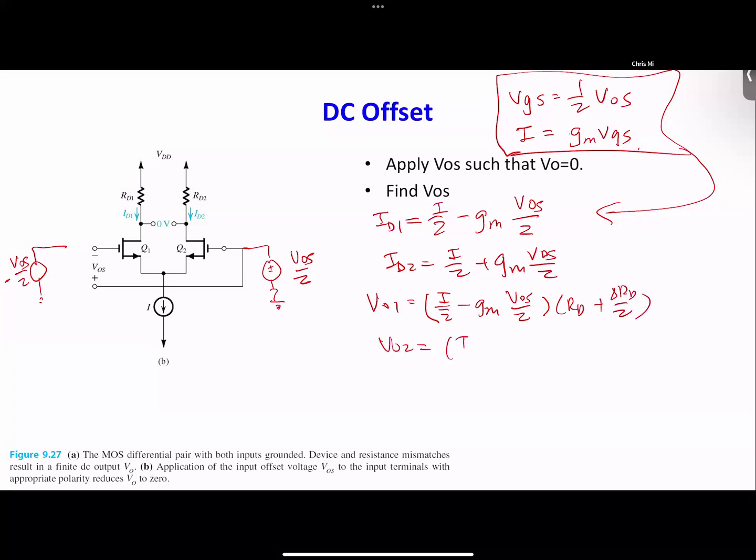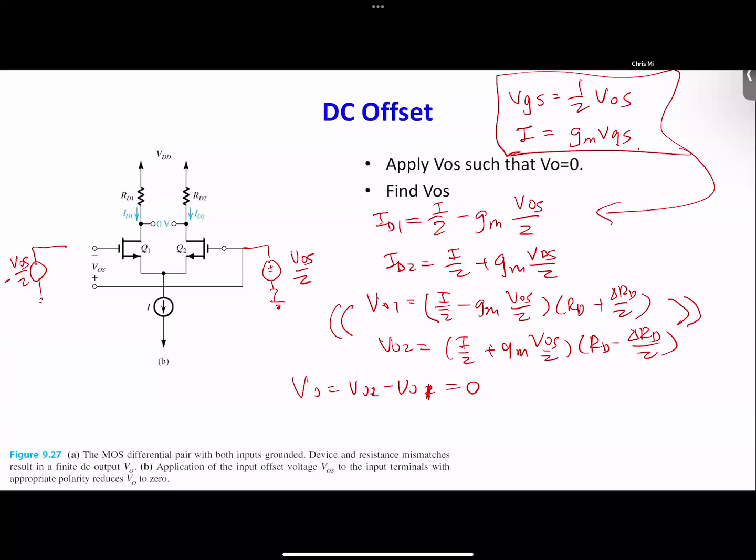VO2 equal to, and the idea is that VO equal to VO1 minus VO2 or VO2 minus VO1 equal to 0, right? So simply saying that we have these two equal to each other. And once you do that, you can basically eliminate a lot of these things like RD and I and so on.